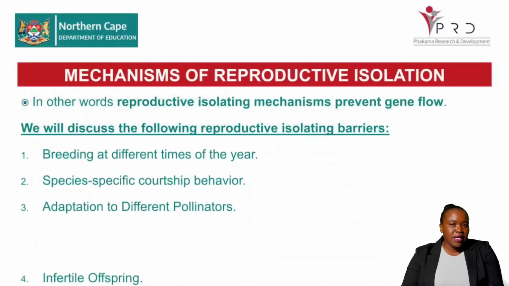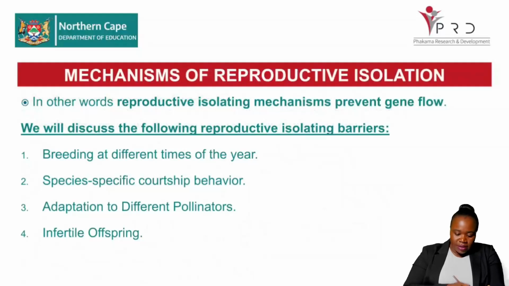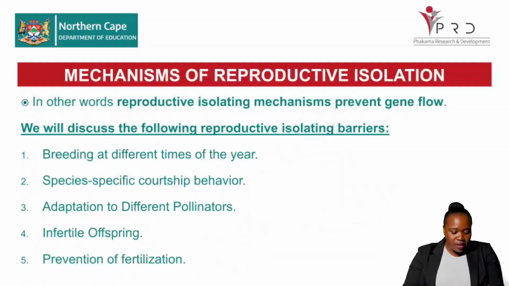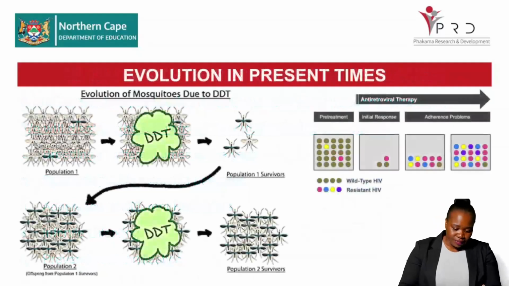How do we see that the organisms are not of the same species? We will see that we're going to have an infertile offspring, which takes us to the reproductive isolating mechanisms. We have 5 of these, which is the breeding at different times of the year, species-specific courtship behavior, adaptation to different pollinators, infertile offspring, and the prevention of fertilization.